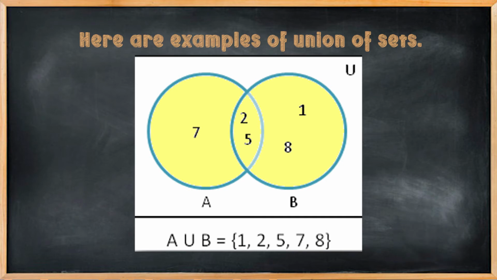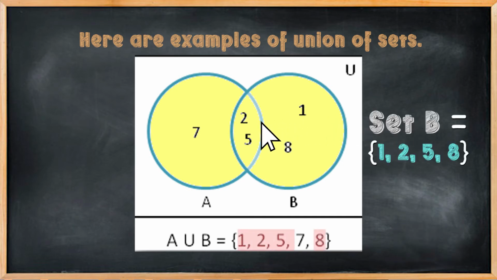That's correct also. 1, 2, 5, and 8 are the members of set B.